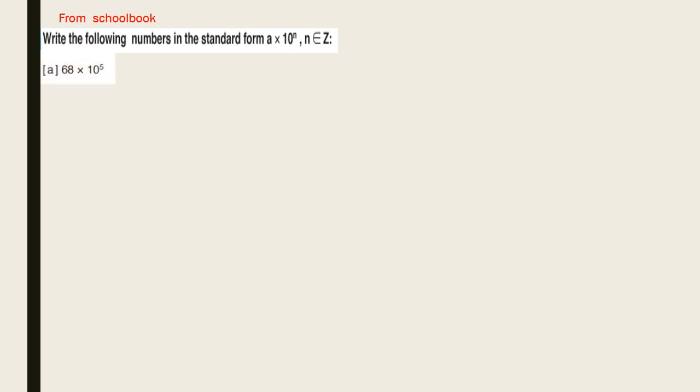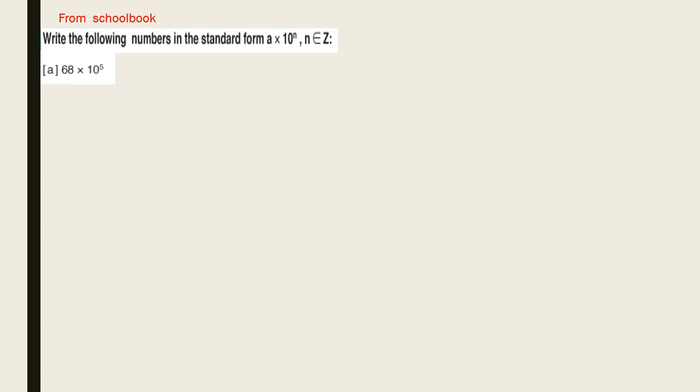And now, example from your school book. Write the following numbers in the standard form: a times 10 to the power n, where n belongs to Z. 68 times 10 to the power 5.